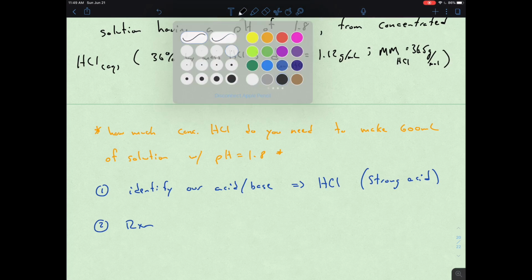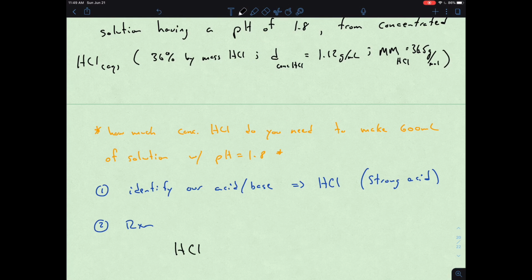Our reaction here would just be our hydrochloric acid dissolving in water, not in an equilibrium process, but in a one-way process to generate hydronium ion and chloride ion.